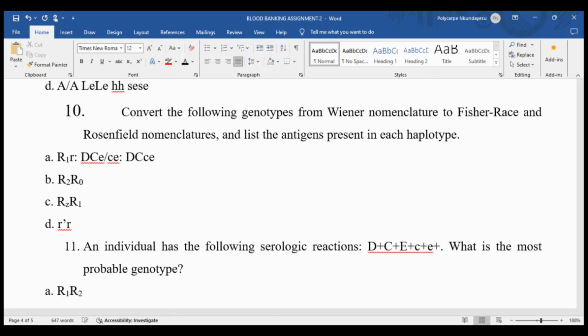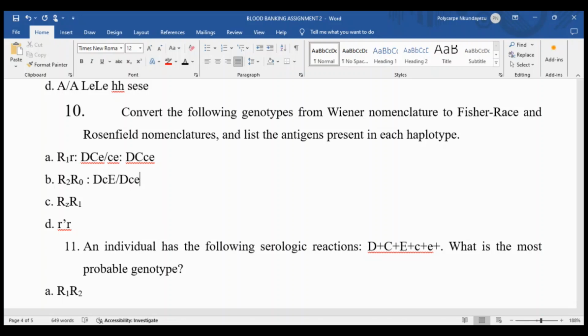So these are the antigens present, isn't it? Because they are all codominant. So what about this one? Small e.